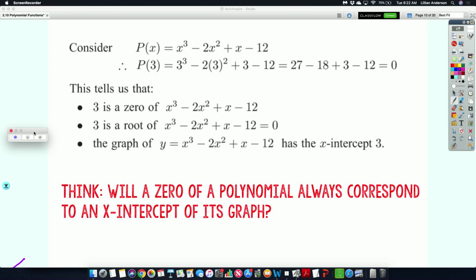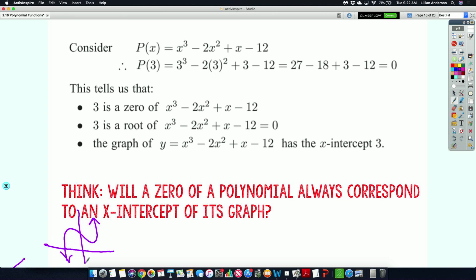So every polynomial function, when you have a 0, it's going to be an x-intercept? If it looks like this, what if it gets moved up, like 1 or 2? It won't be touching the x-axis then, will it? No matter how much I move this up, this will always touch. No.